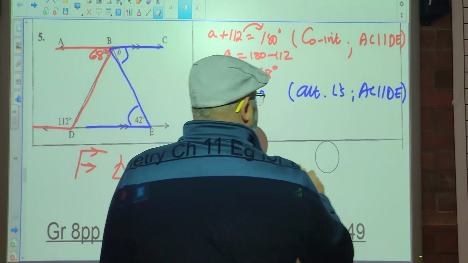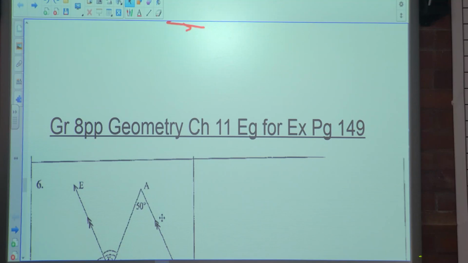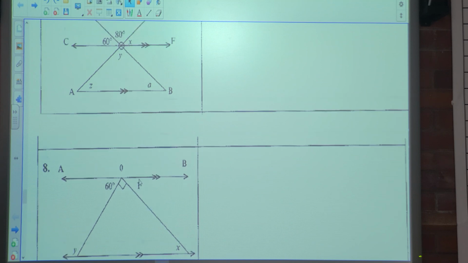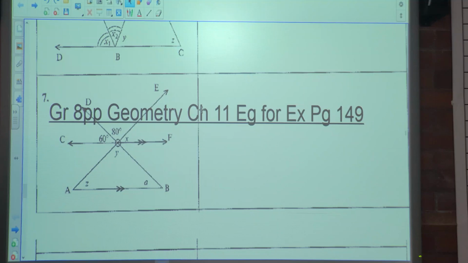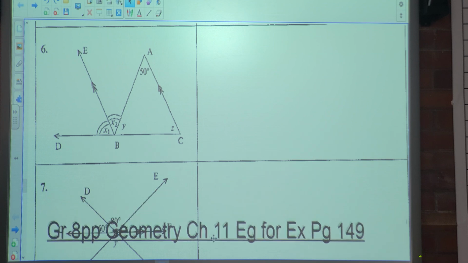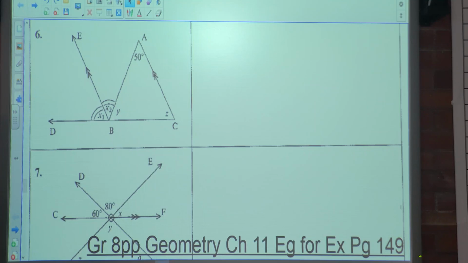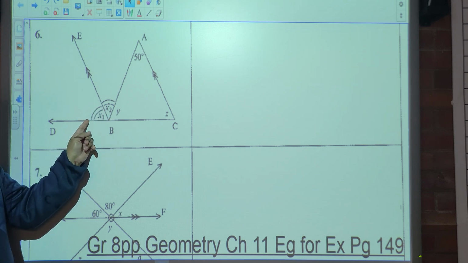Is there any confusion there? No? Let's look at the next example, example 6. Here you have x1, x2. What do you notice about this? Both have two arcs.